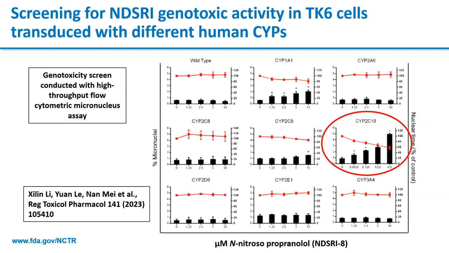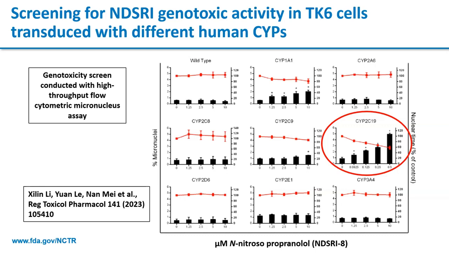You can see that N-nitrosopropanolol produced quite a strong response in one of these strains, circled here in red. This is a strain expressing human CYP2C19. I don't know if you can read the concentrations on the slide, but the concentrations producing a positive micronucleus response in the CYP2C19 expressing line were all less than 1 micromolar, while most of the other assays shown on this figure were conducted with much higher concentrations.